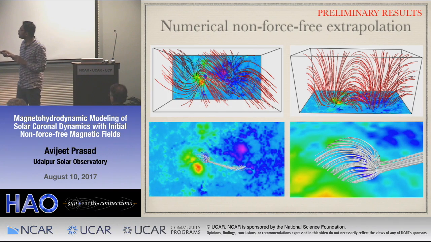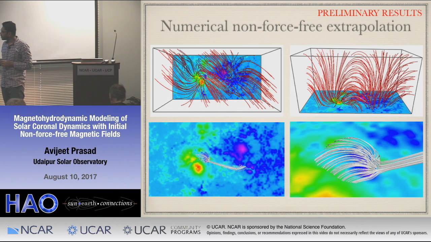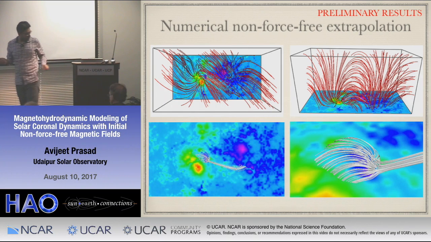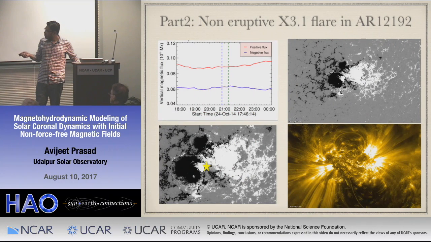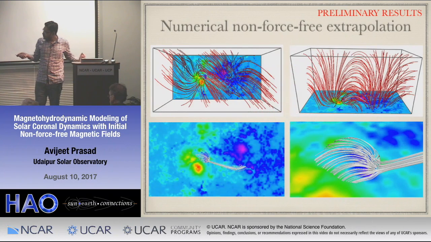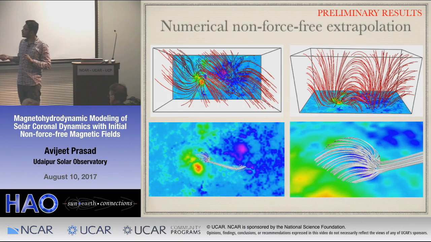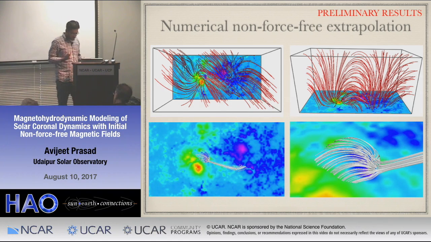One thing to be noted is that in this location, which was the location of the X-class flare in the initial figure, we see the presence of a 3D null-like geometry, which is zoomed in and shown here. So this coronal 3D null is also a possible site for magnetic reconnection.